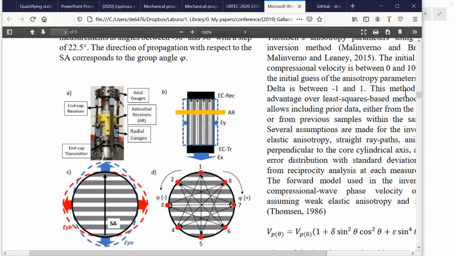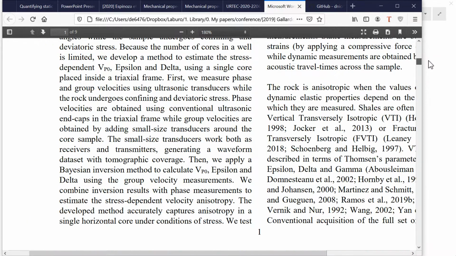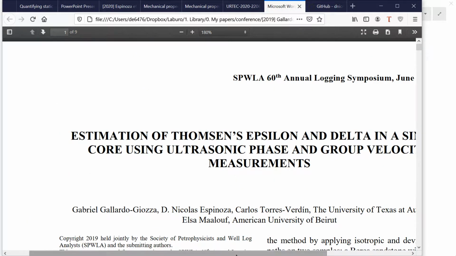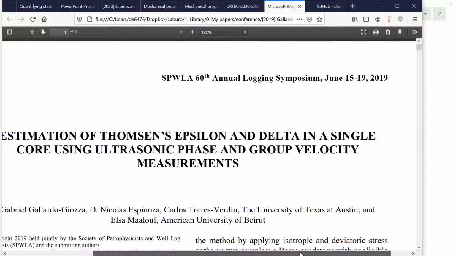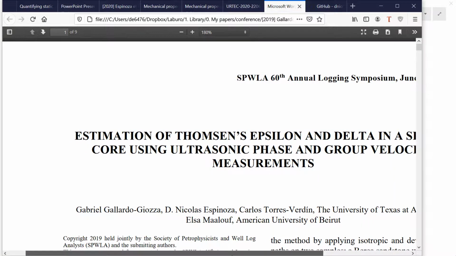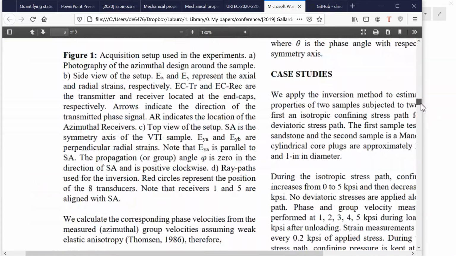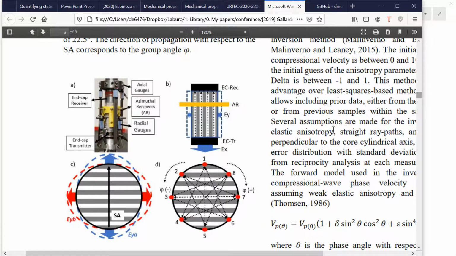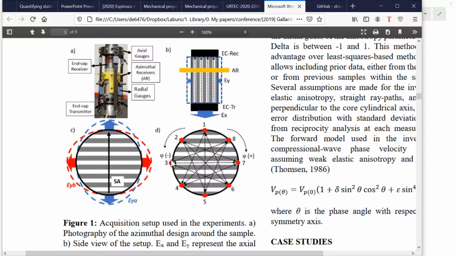I'm going to provide a reference later in the link, but this is an SPWLA paper, and I don't remember the number, but this is the title, in which we use a combination of transducers that do not go from end cap to end cap, but also go transversally around the sample.